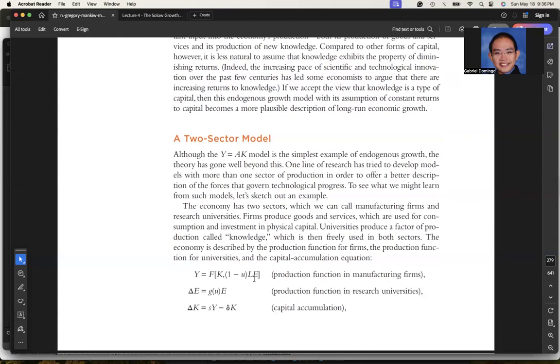And this investing in knowledge and in innovation is the way for which capital will not face diminishing returns. If you do not invest in knowledge or in efficiency, then capital will basically be just physical capital, and you will start to encounter diminishing returns to investment.